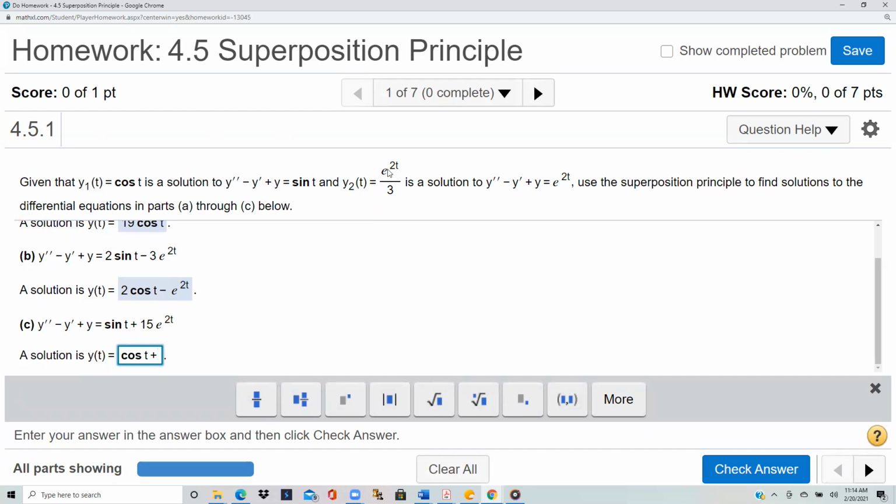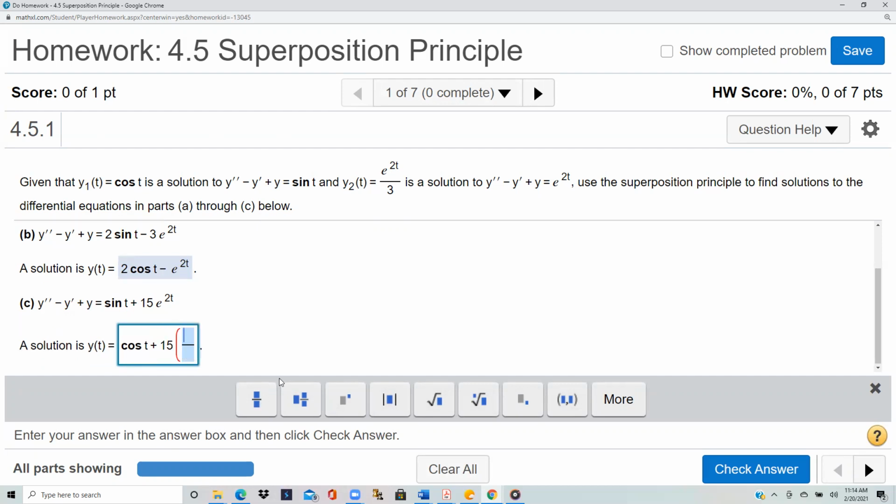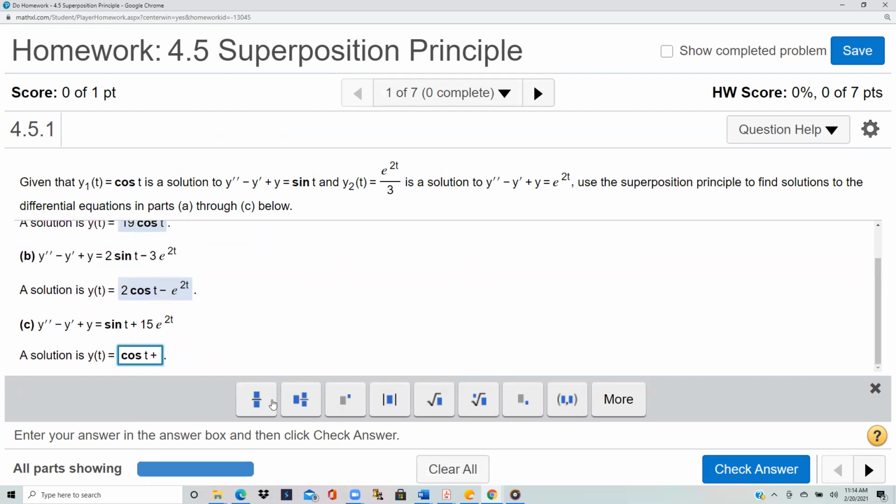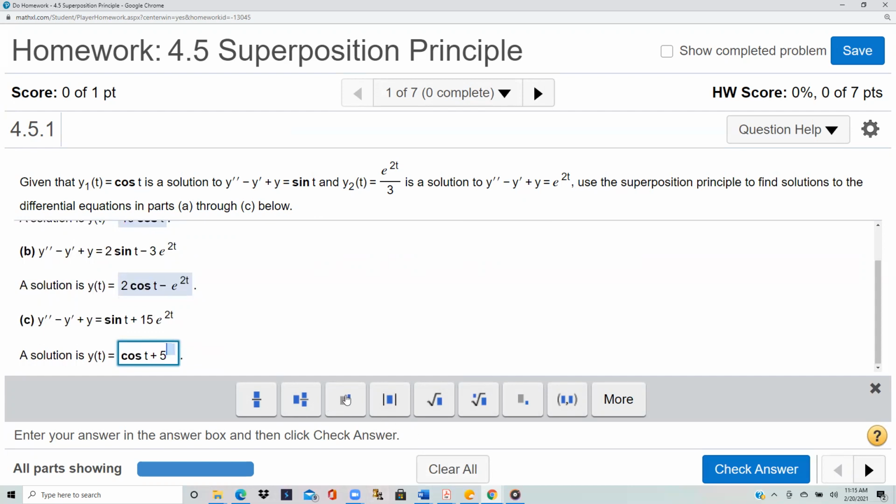So when you multiply e2t by 3 by 15, the 15 and 3 cancel out and you just get 5 e to the 2t. So you can just write 5 e to the 2t.